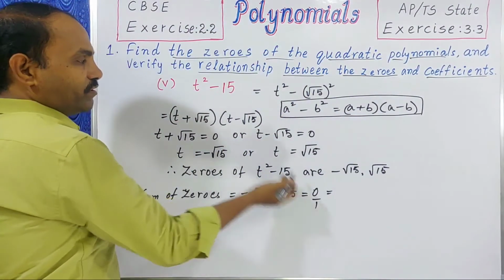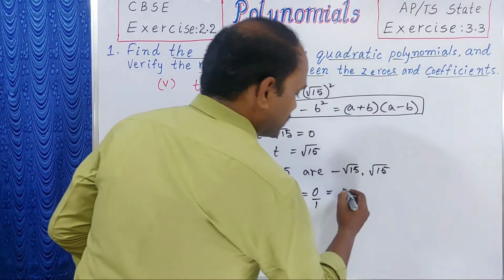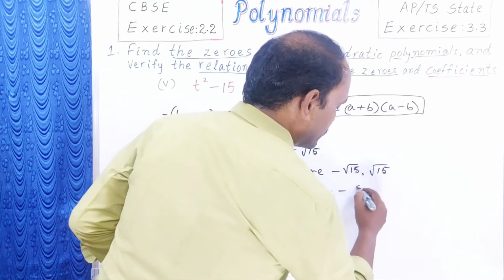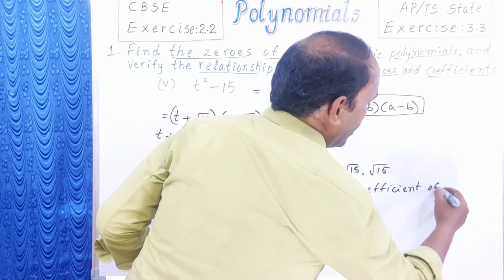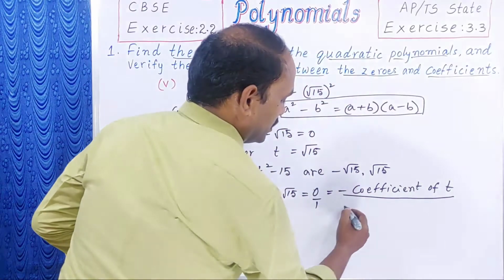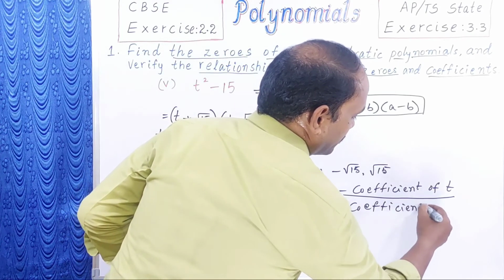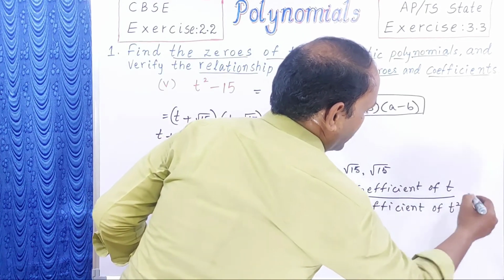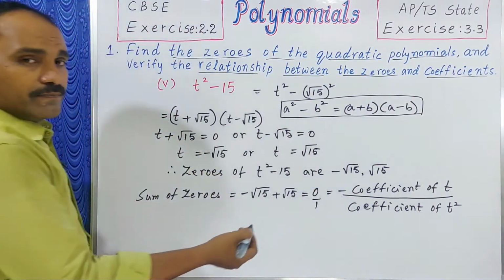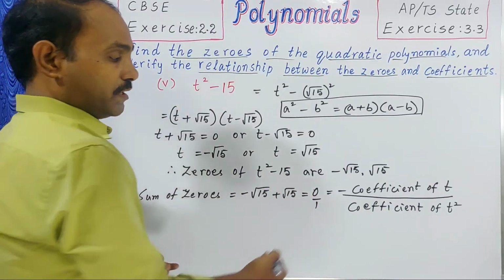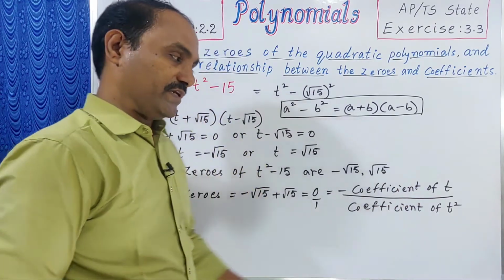Then 0 means the t term, the missing term here, so the coefficient of t by coefficient of t square. Here minus is kept; 0 is neither positive nor negative, but in the formula it is minus coefficient of t by coefficient of t square.